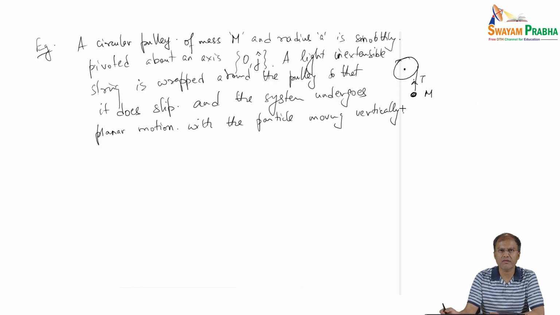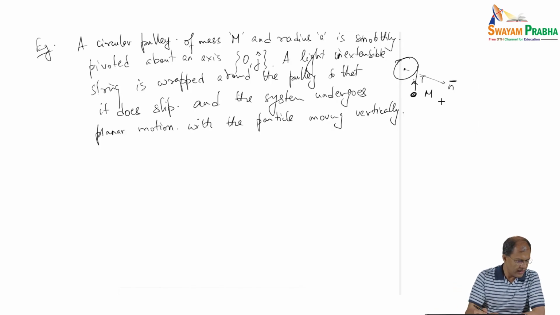There is a pulley-mass system. It is a planar motion, so the axis of rotation is perpendicular to the plane containing the motion. So that's my axis of rotation, and then we have to find the acceleration of the particle.